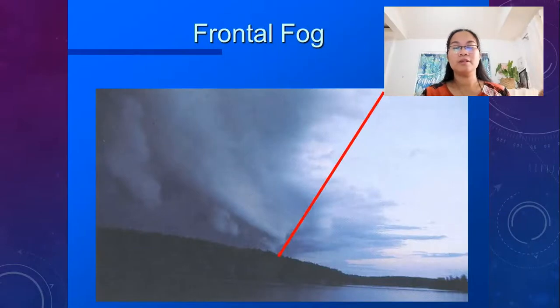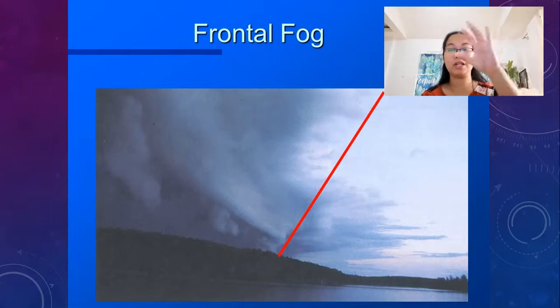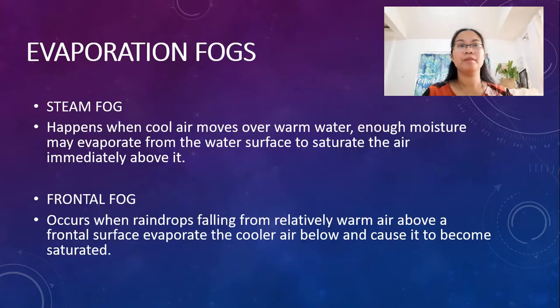Okay? So we also have this frontal fog. For frontal fog, earlier the surface below had a higher temperature, but this time the surface below has a lower temperature, and then there will be warm air which can pass through it. So we have here frontal fog.